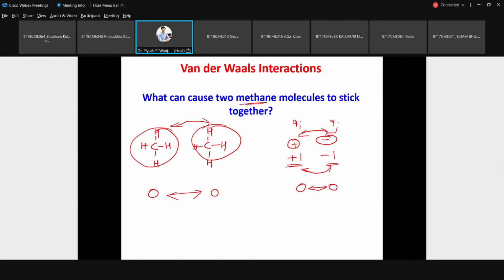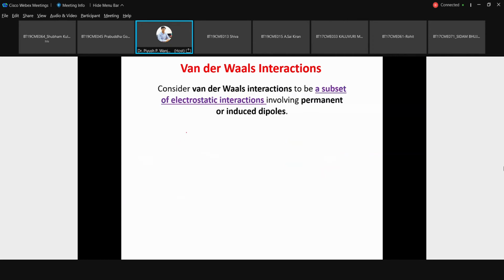Now we are not talking about bonded interactions, we are only talking about non-bonded interactions like electrostatic. You can consider that non-bonded interactions are always actually electrostatic interactions only. Now we can have so many different names for such interactions.